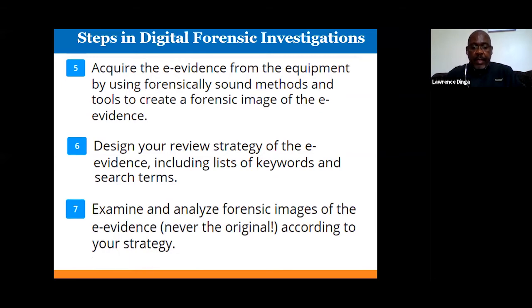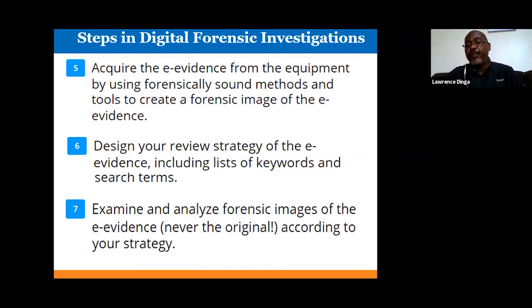Now, then examine and analyze forensic images of the e-evidence, never the original, according to your strategy. So number 7 is very important, because do not interfere with the original evidence. Remember what we said when we were looking at the rules of evidence.